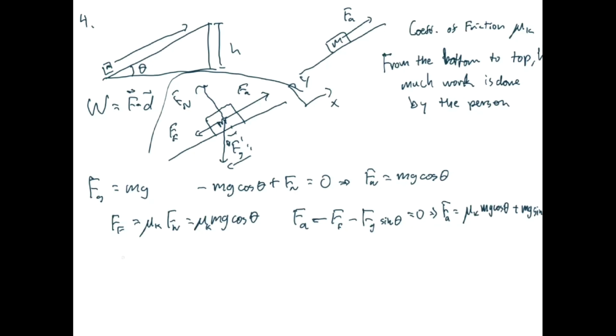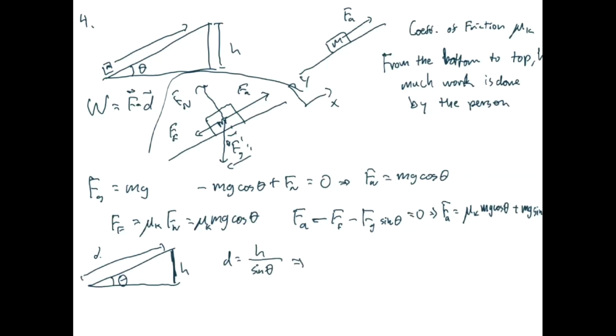Okay. Now let's continue. We found our applied force. Now we just need to find the displacement. Well, finding the displacement is not too hard, because we know the height of the ramp, and we know the angle. So the displacement is just this distance. And we can use geometry to get that the displacement is h over sine theta.